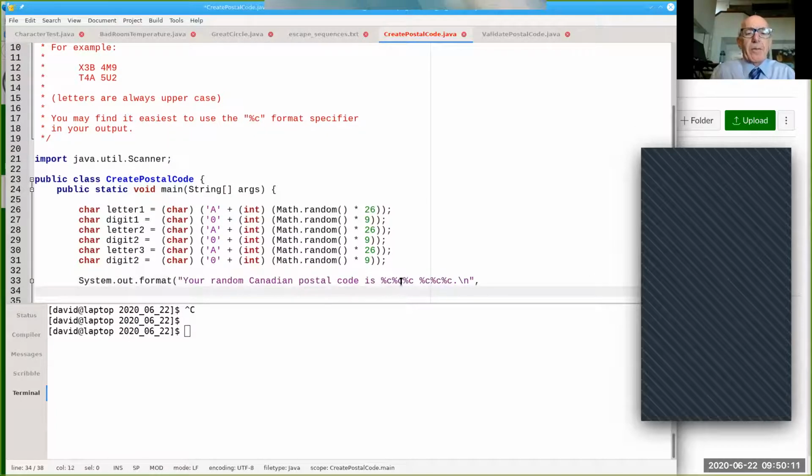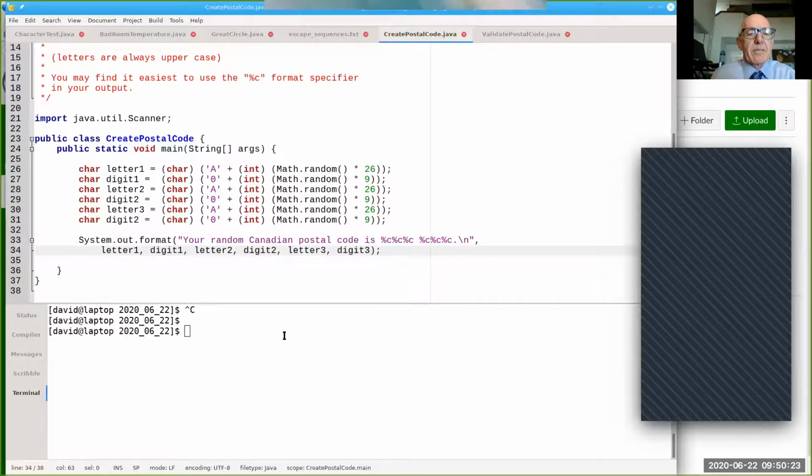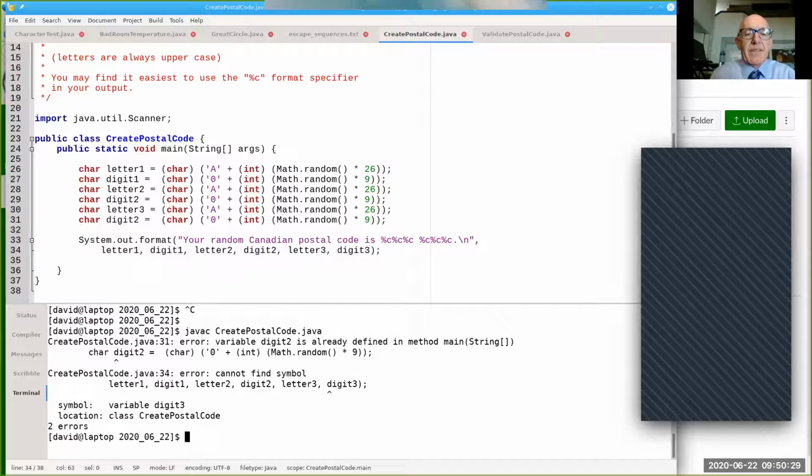And then we fill in the blanks with letter 1, digit 1, letter 2, digit 2, letter 3, and digit 3. And let's javac CreatePostalCode. And congratulations, I have a problem here. Oh, yes. I didn't modify it. Copy and paste isn't my friend. I lied. Okay.